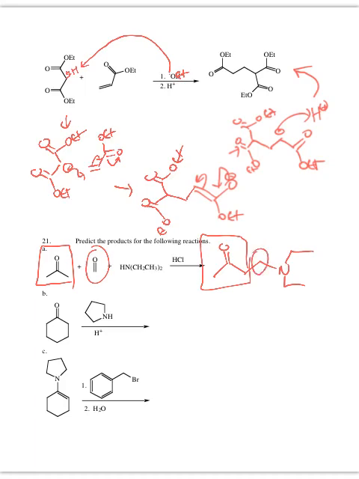And we'll draw the mechanisms for these three on the next page. In the next one, we form the enamine. And the last one, the enamine acts as a nucleophile to go attack the benzyl bromide to add the carbon on.